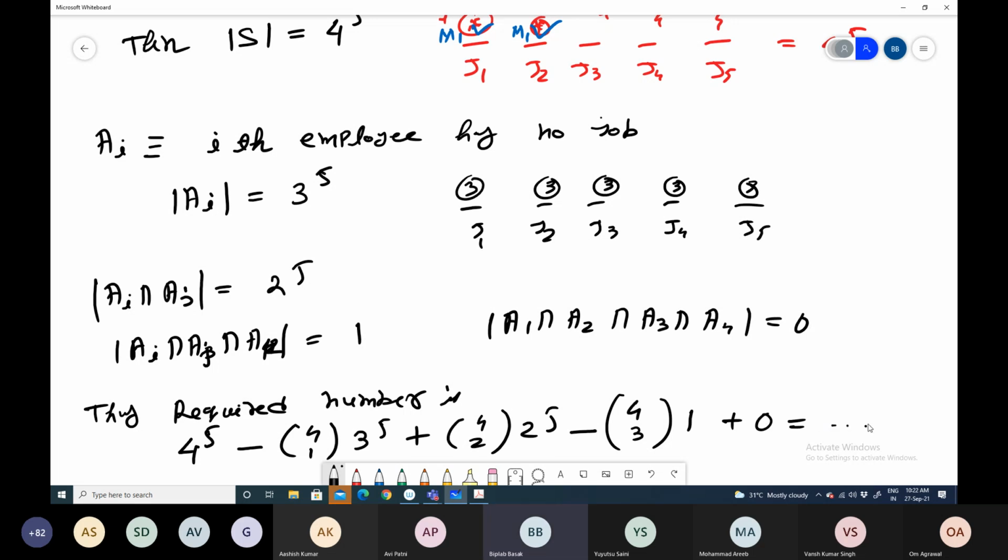Now you can calculate the number. Okay, is that clear to everyone? Yes, sir.